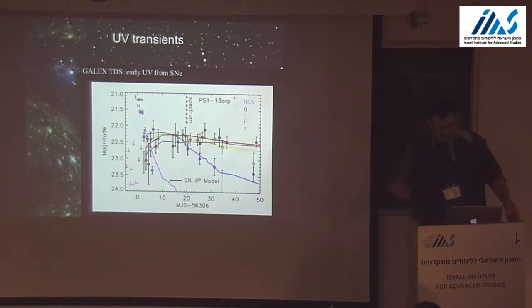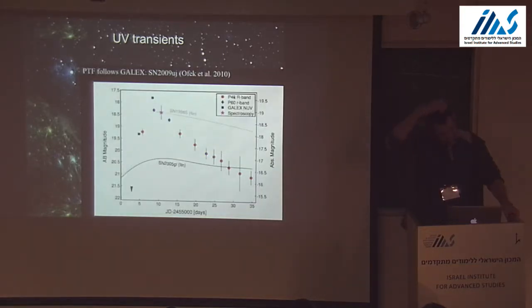So this is all the results I wanted to share from this particular survey. Let me show you two other things we did with PTF. So Eran Ofek had this very smart idea in 2009, 2010. GALEX was observing then in all kinds of patches of the sky for different surveys and different people, and the locations where GALEX was observing were known.